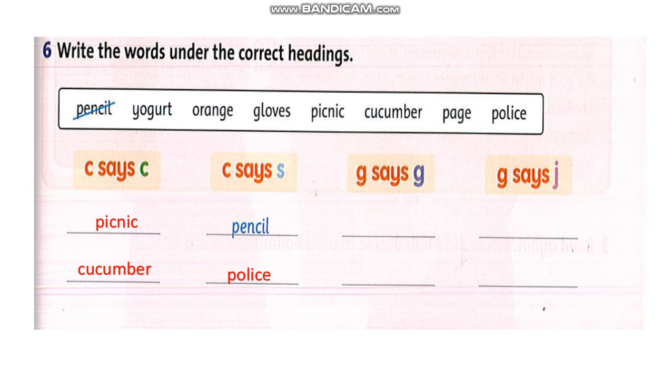C says S. G says G. Yes. What are these? Clove and yogurt. Good job.